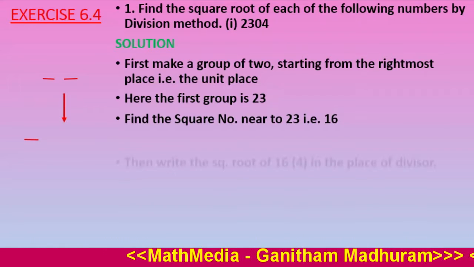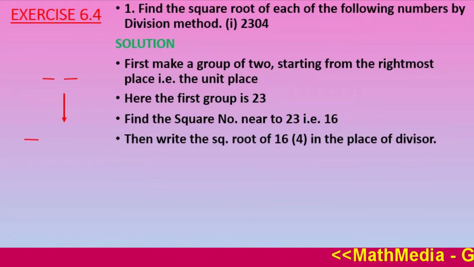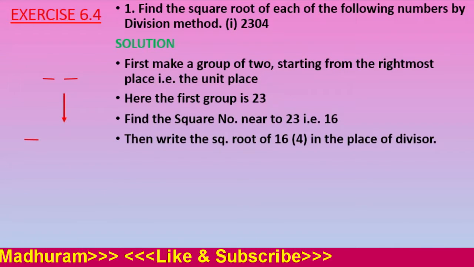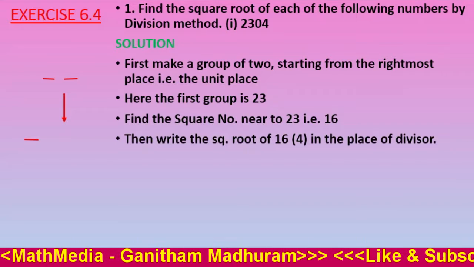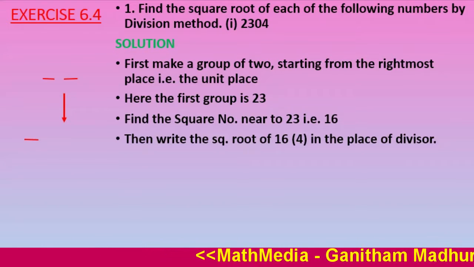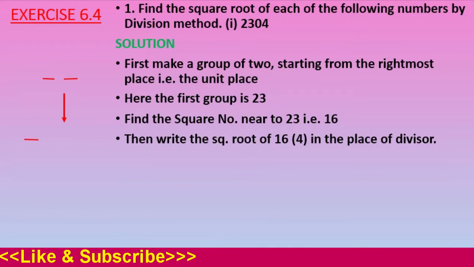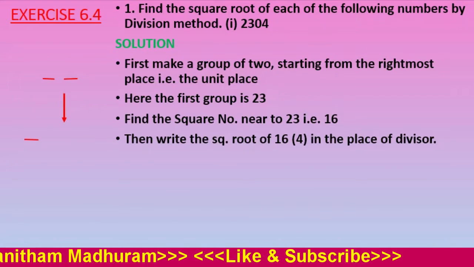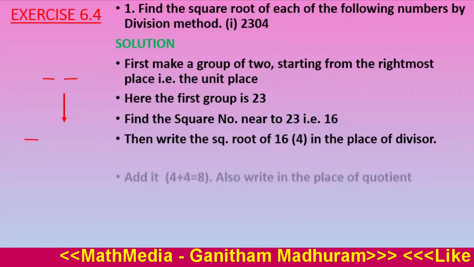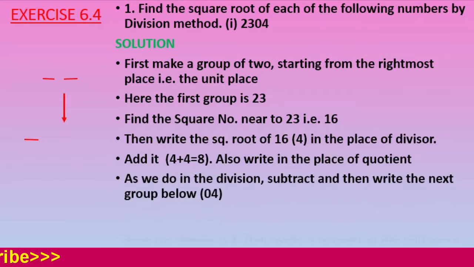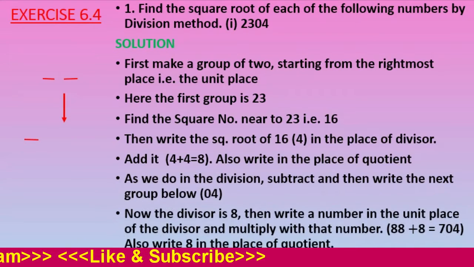This square root we will write 3 times: one in the quotient just above 23, and in the divisor 4 we have to write, and just below the divisor also we have to write. And in the divisor you can add it, you will get 4 plus 4 equals 8. We can see that in the division, then only it will be easy to understand.